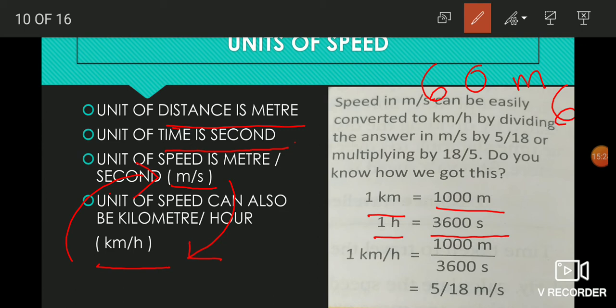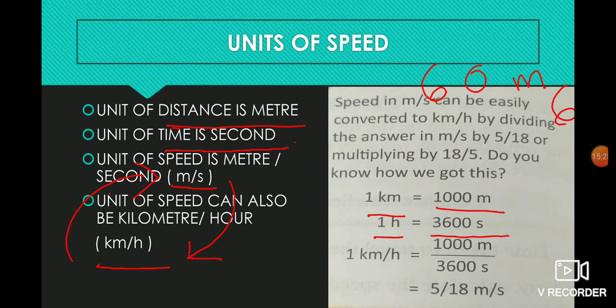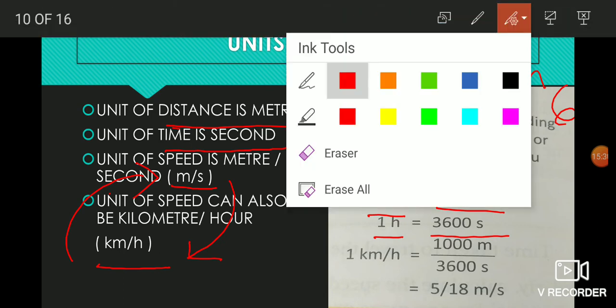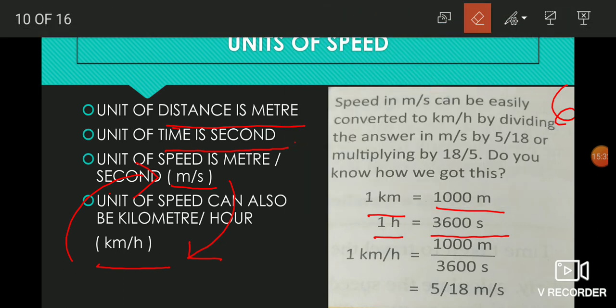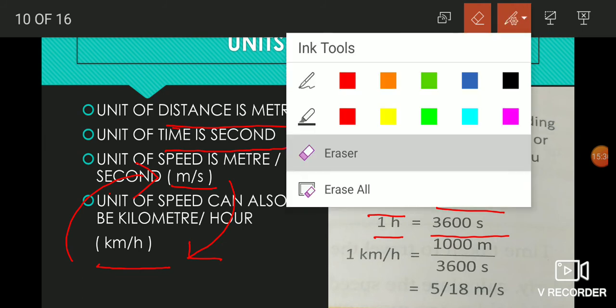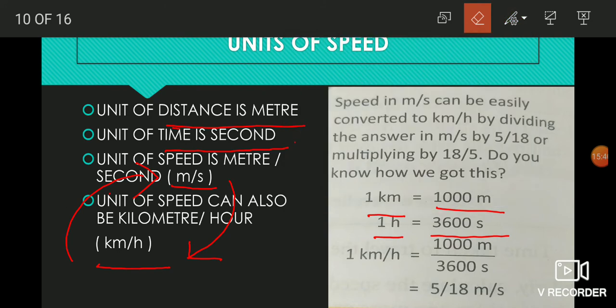So 60 into 60, how much is that? 60 into 60 is 3600 seconds.